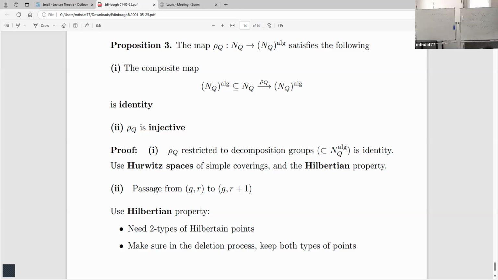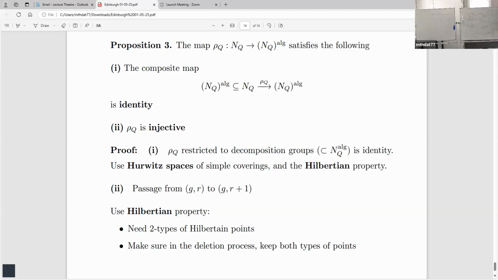One uses an argument which was very briefly mentioned by Tsujimura, this diagonal argument. Here again, one uses the Hilbertian property. One needs 2 types of Hilbertian points in this step, namely points which split completely and points whose decomposition group is as large as possible. This is guaranteed by the Hilbertian property of number fields over infinite extensions of number fields.